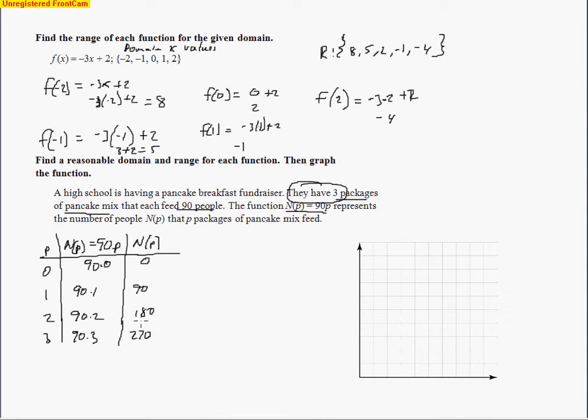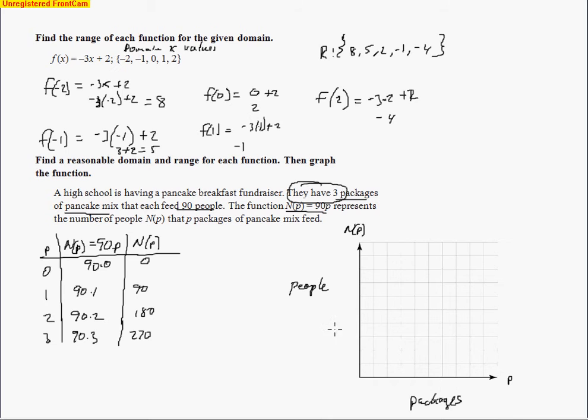I'm going to go ahead and graph it now. And so on this side, I'm going to write down people. That represents the N of P. And then on this axis, the x-axis, I'm going to put down P for the packages.